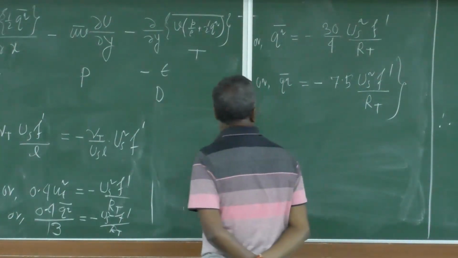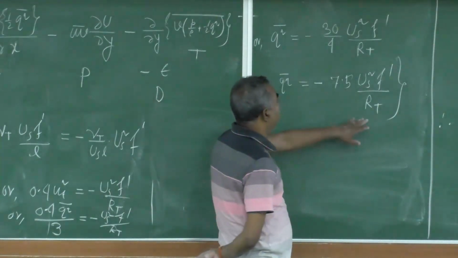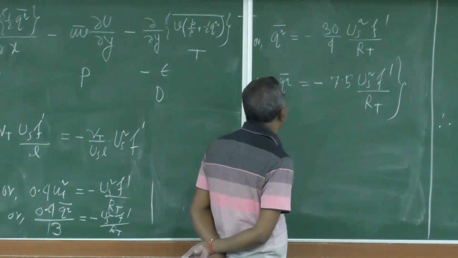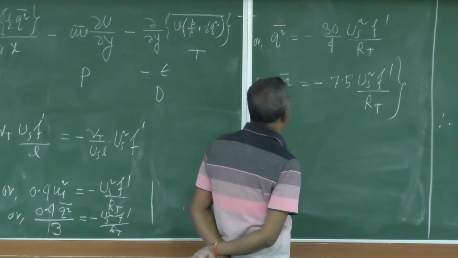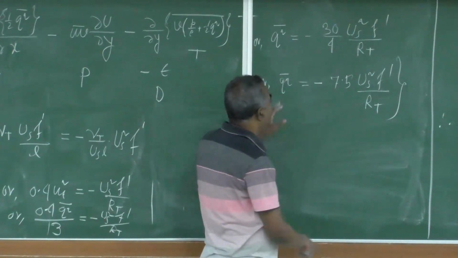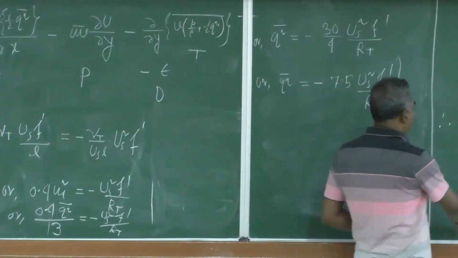Then what can be found for this particular q square, how it varies, that can be plotted.